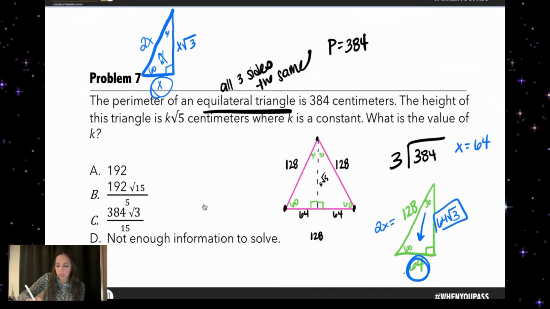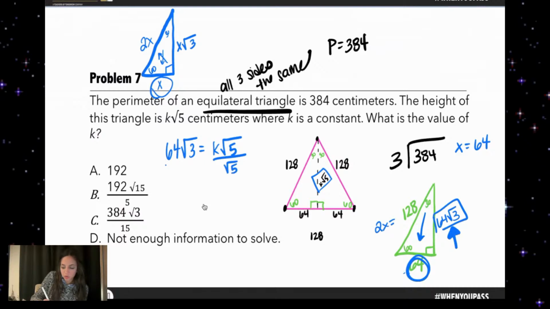But they're telling us that it is k square roots of 5. So because I've now found the value of this side, I need to do 64 square roots of 3 equals k square roots of 5. And I need to get k by itself. Divide both sides by the square root of 5.